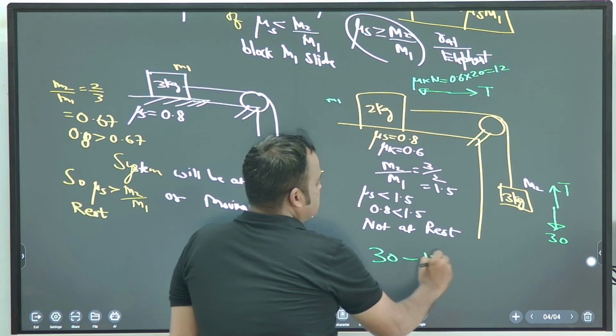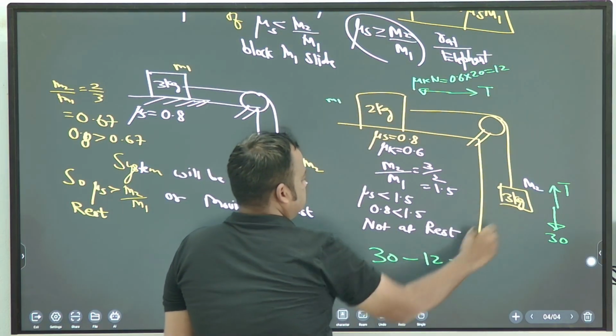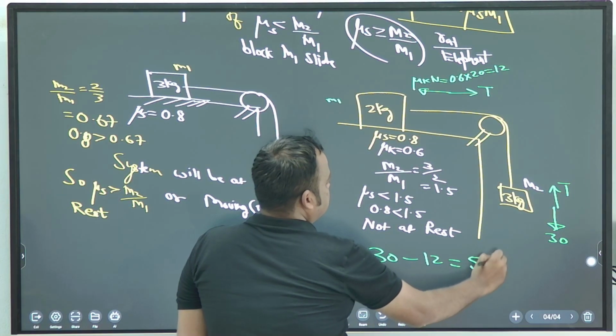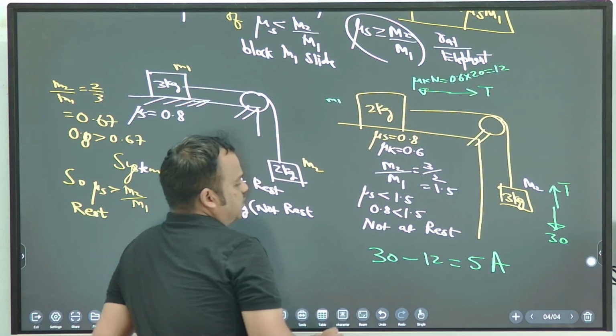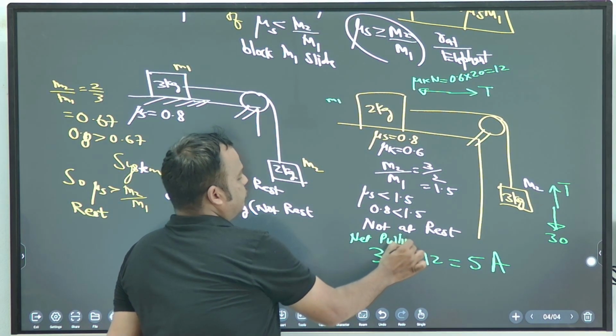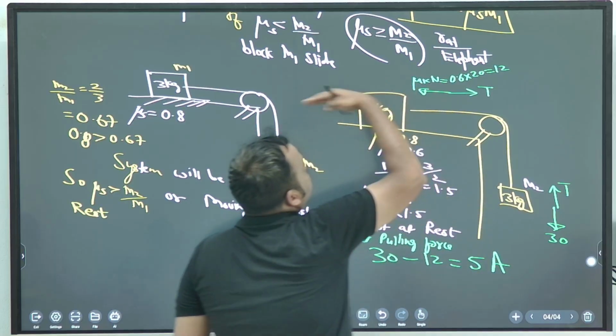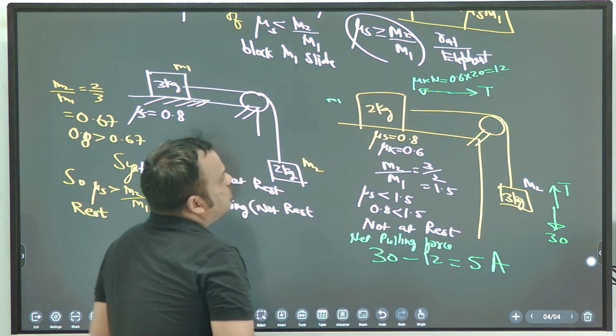So 30 minus 12 is equal to ma. Total mass 5, so 5a. This is the net pulling force. So here 30, here 12.